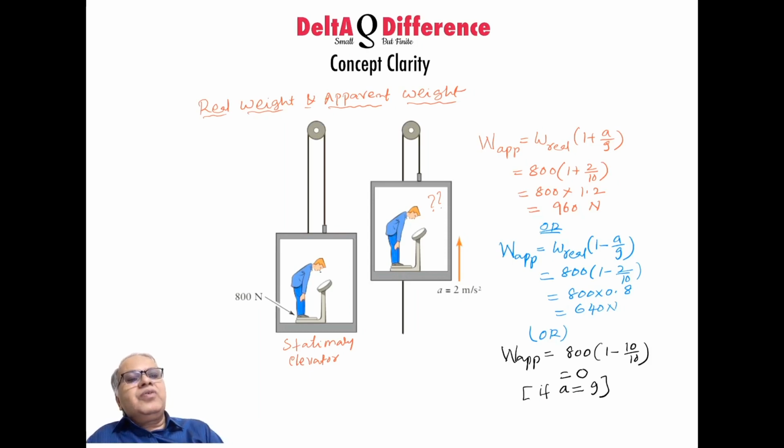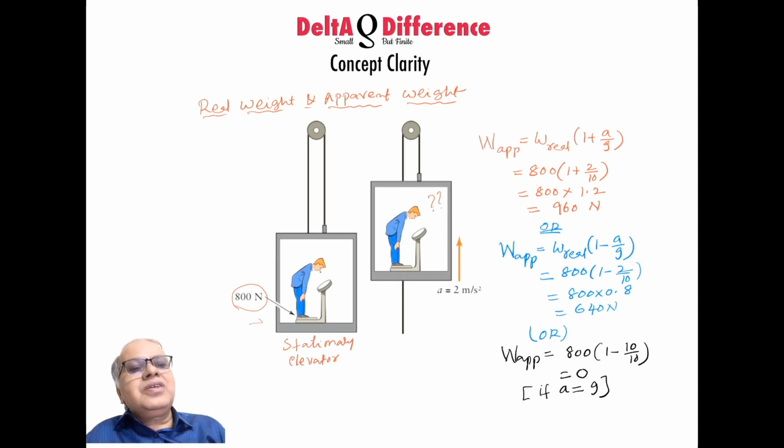Here we are looking at this person. This person is standing in a stationary lift, and when he's standing in a stationary lift, we say that his weight is some 800 newtons, and we say it is real weight. Probably, when the lift is stationary, it is equivalent to standing on a weighing scale on the earth's surface.